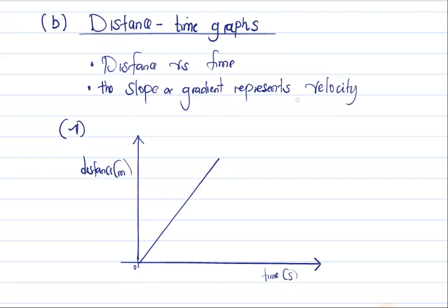Remember we said the gradient or the slope represents what? Velocity. So this line in the middle is showing you the velocity. This is for uniform velocity.